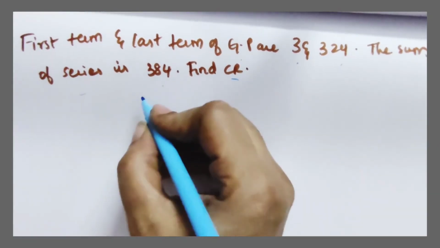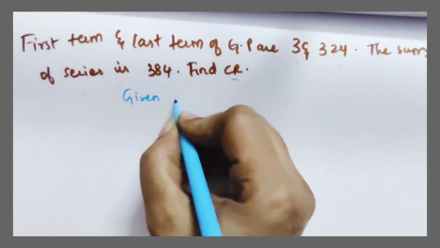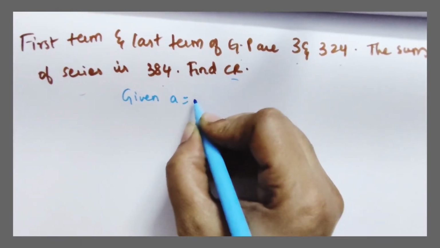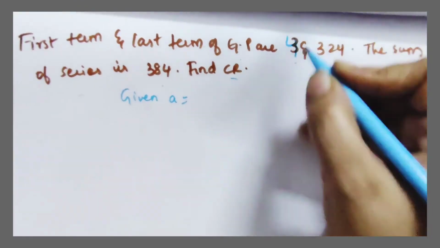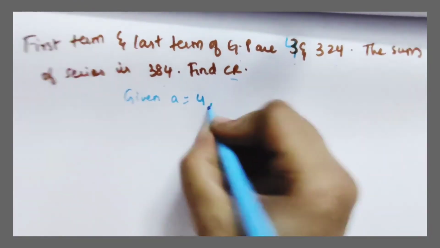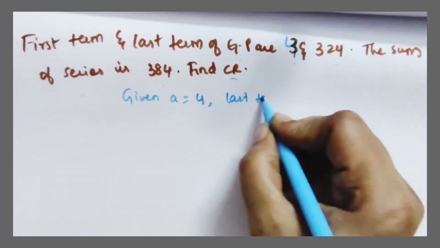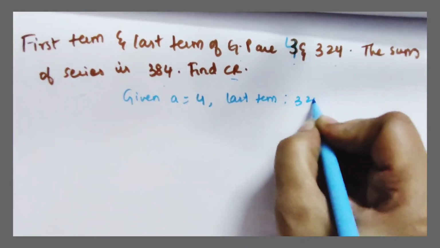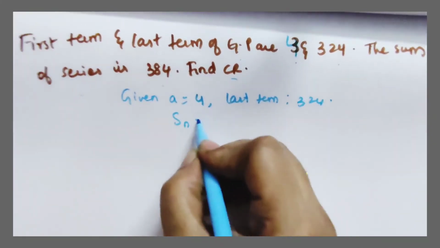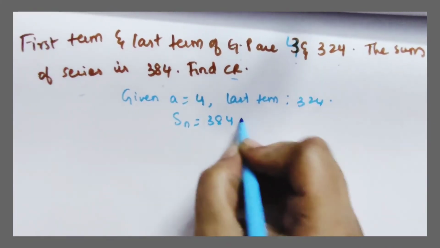So the first term given condition is A is equal to 4. And the last term value is 324. And the sum of the terms is also given as 384.